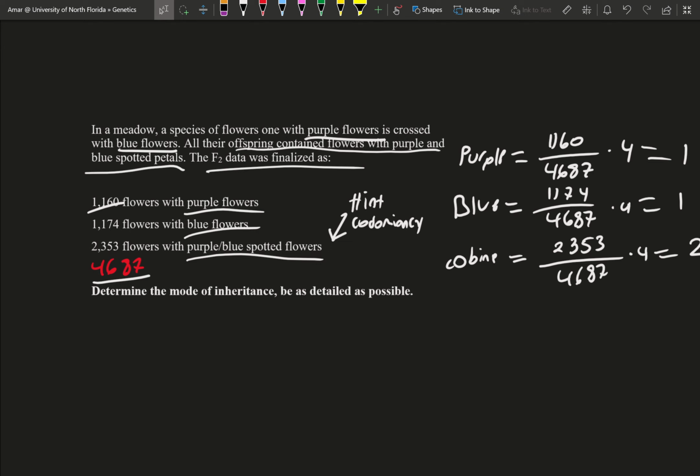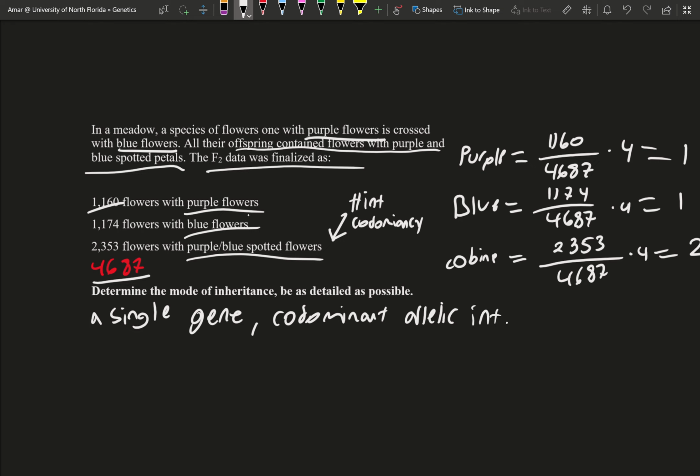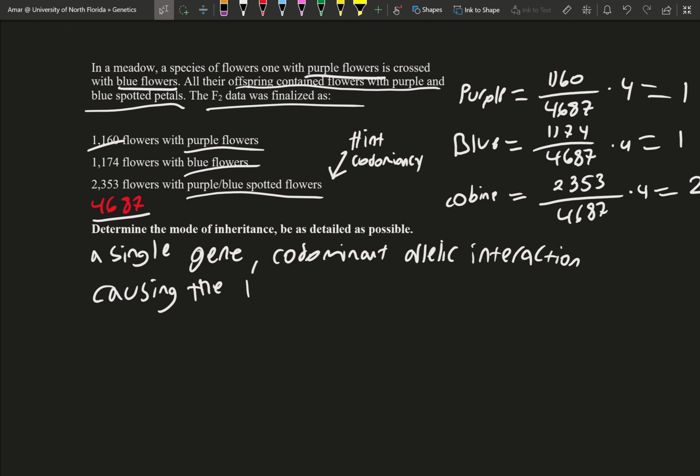So this is a single gene, and there is a codominant allelic interaction causing the F2 to have a mixed phenotype, and it's also in a 1 to 2 to 1 ratio.